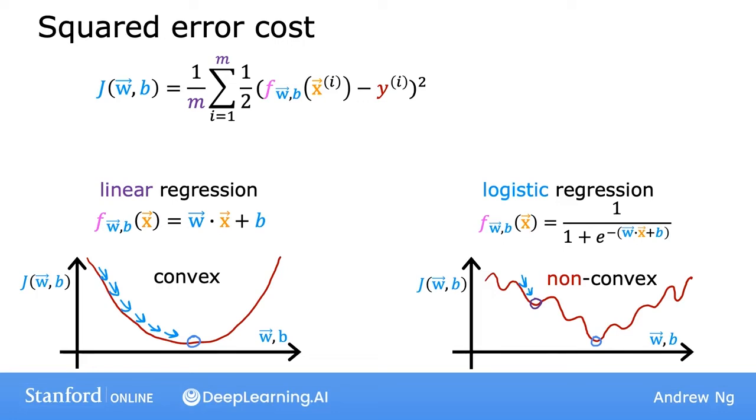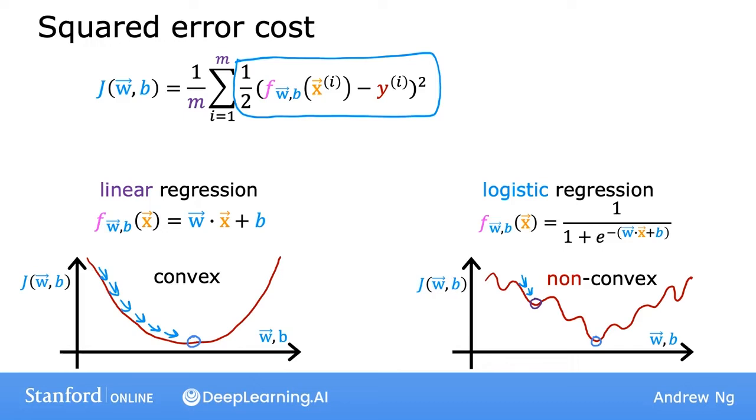The only thing I've changed is that I put the 1/2 inside the summation instead of outside the summation. This will make the math you see later on the slide a little bit simpler. In order to build a new cost function, one that we'll use for logistic regression, I'm going to change a little bit the definition of the cost function J of w and b.